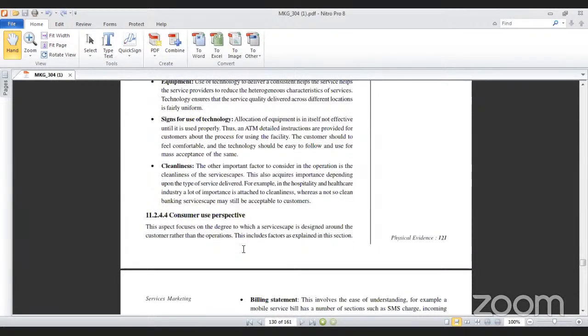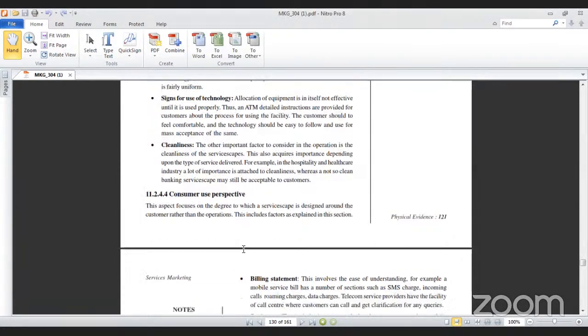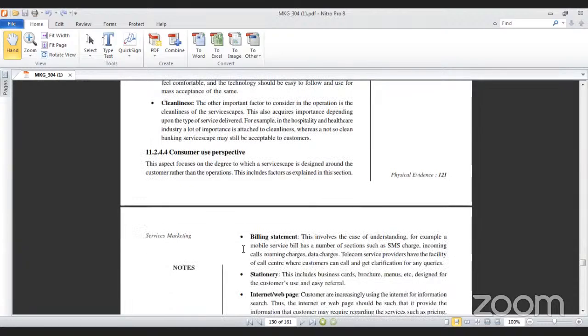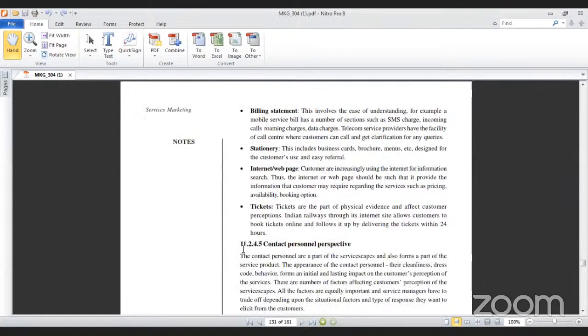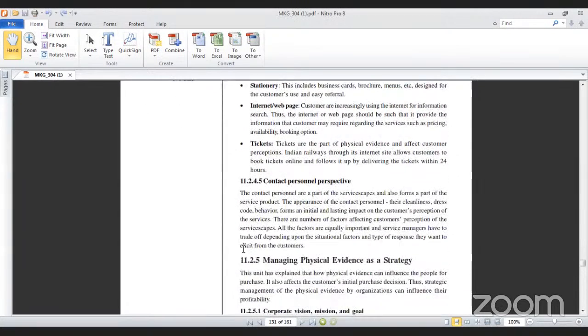Consumer use perspective. This focuses on the degree to which the servicescape is designed around the customer rather than the operation. These include factors such as billing statements, stationery, internet web page, tickets.